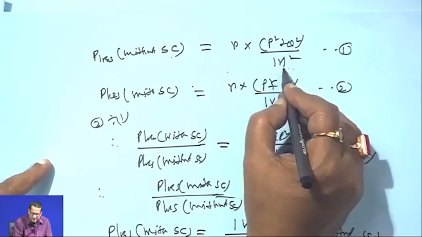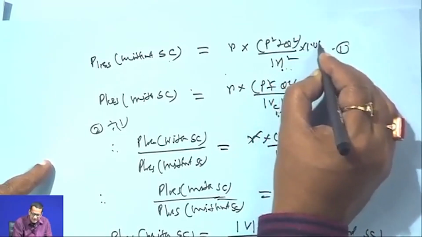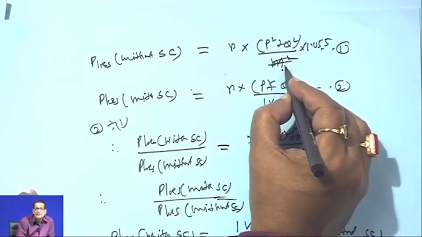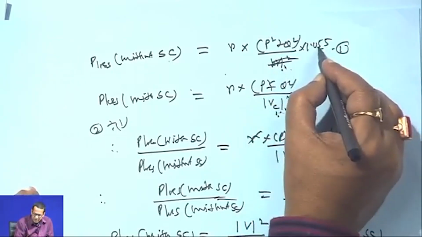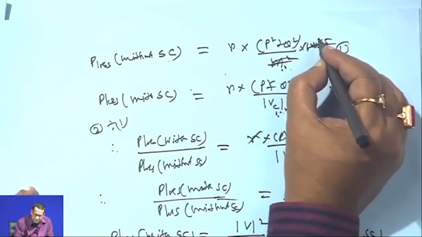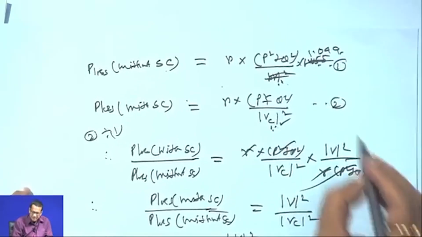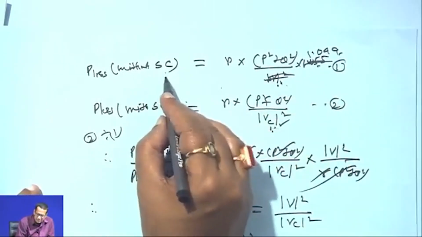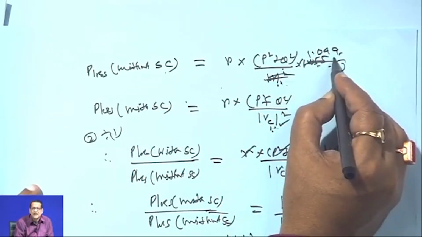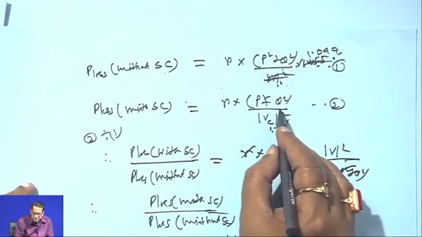But if it is 0.95, it will be approximately 1.099 something, right. So, without series capacitor, R into P square plus Q square is multiplied by this much, so it is higher. But if Vc is raised to 1, it will be just R into P square plus Q square.